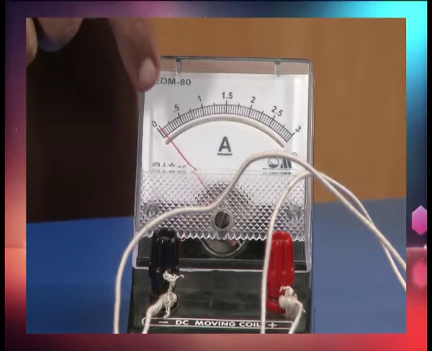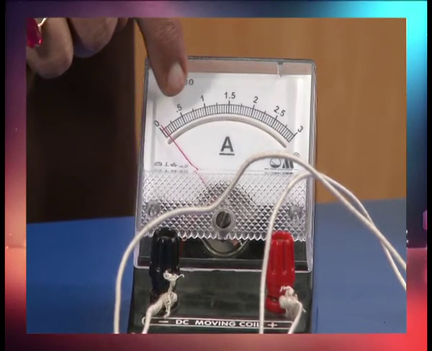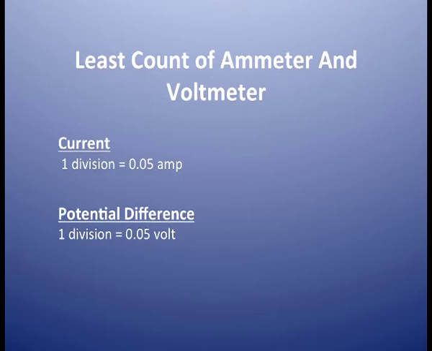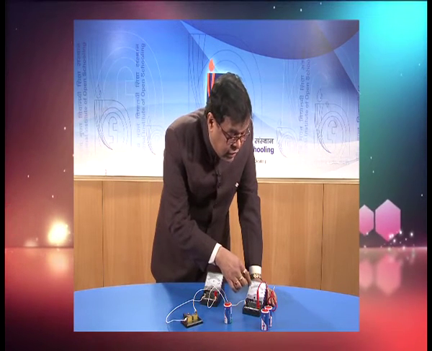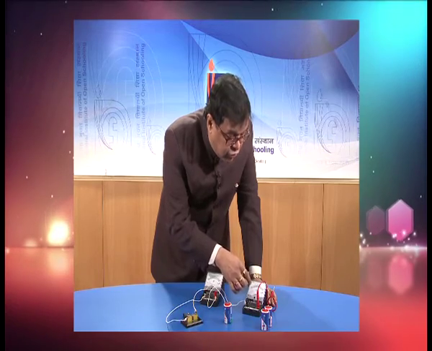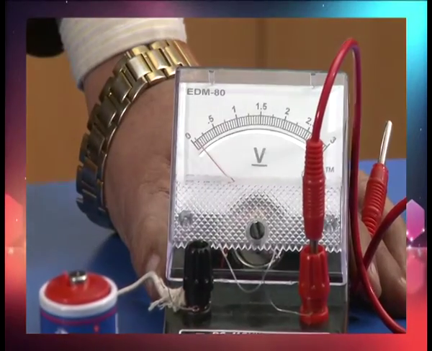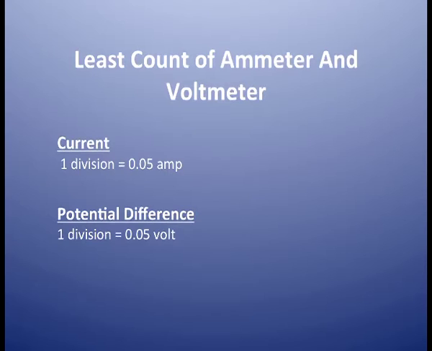That means 10 places between 0 and 0.5 ampere, and 0.5 divided by 10 is 0.05. So, 0.05 ampere is the least count of the ammeter, and similarly there are 10 places between 0 volt and 0.5 volt. So, 0.05 volt is the least count of the voltmeter.